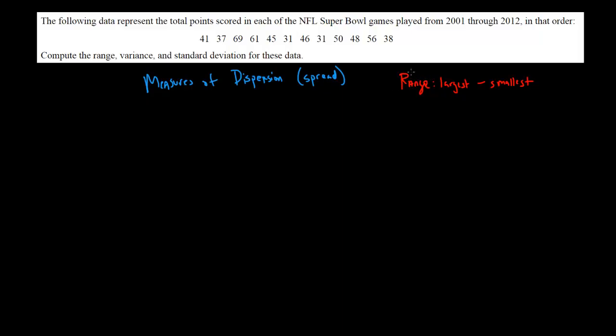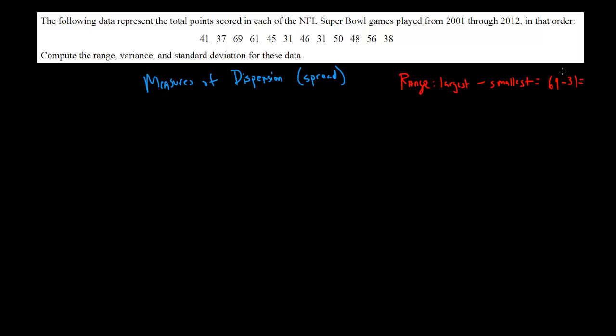So for instance, in this data set, let's see, what's the smallest value? Maybe 31, I think. Yeah, 31. And the highest value looks like it is 69. So the largest value, we said 69, minus the smallest value, which I think is 31.